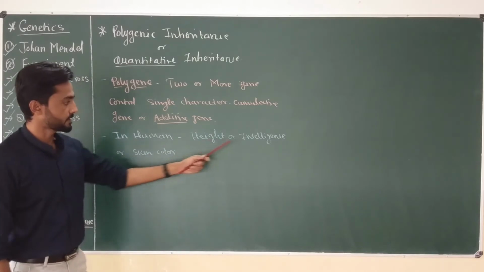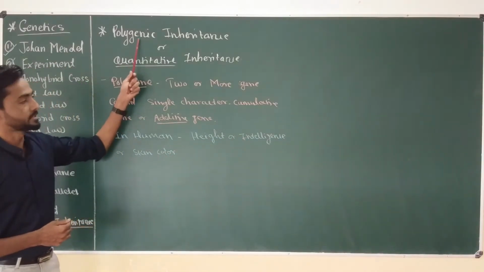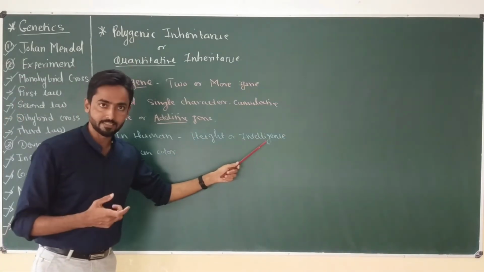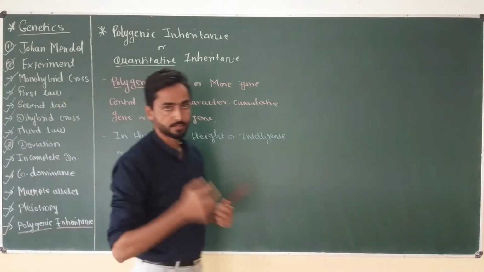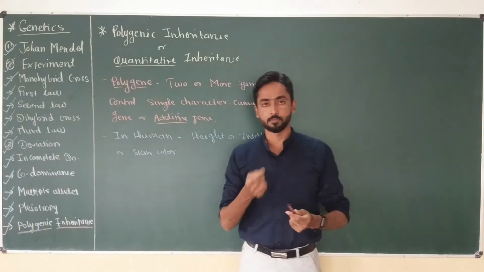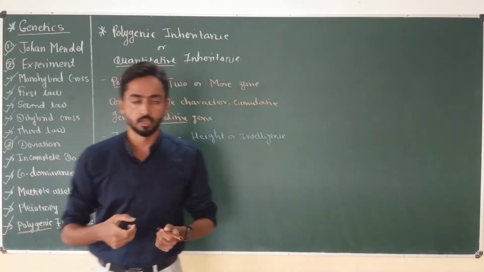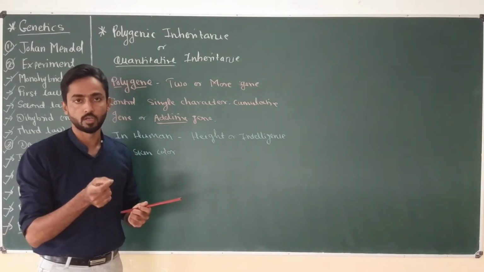All these characters are generally controlled in humans by polygenes, like height of the human being, or intelligence, or skin color. Actually, in case of skin color, three different types of genes are present in humans, and together they control melanin production. That means ultimately the genes control skin color.